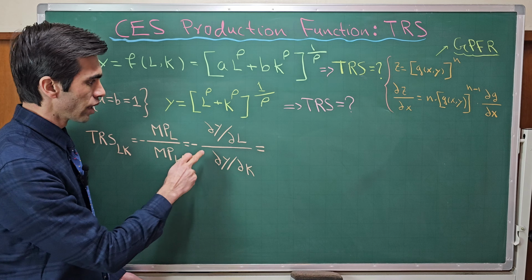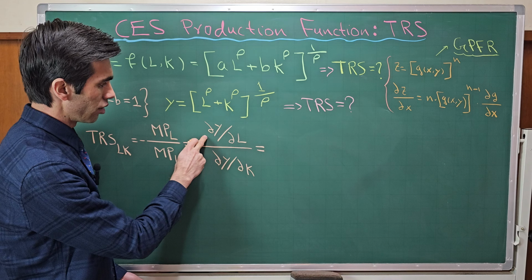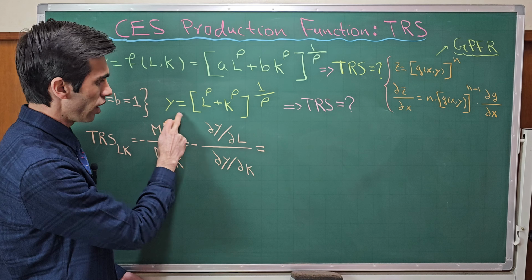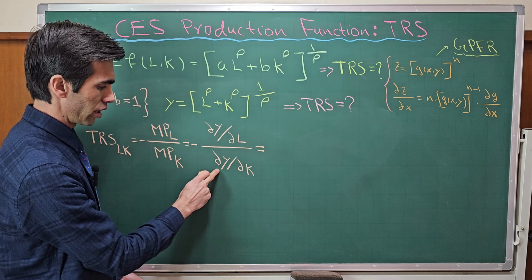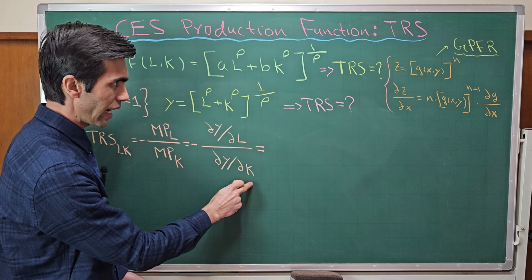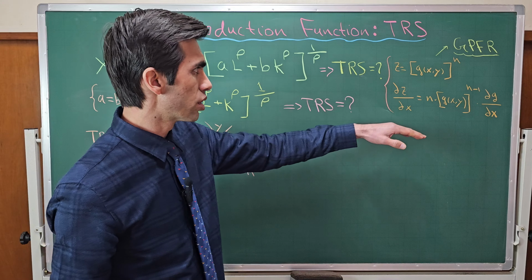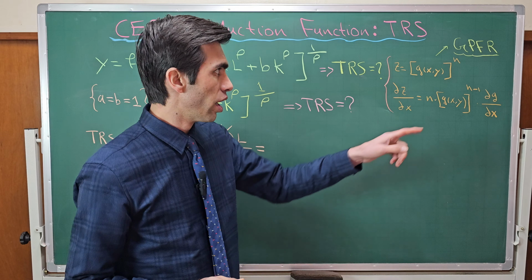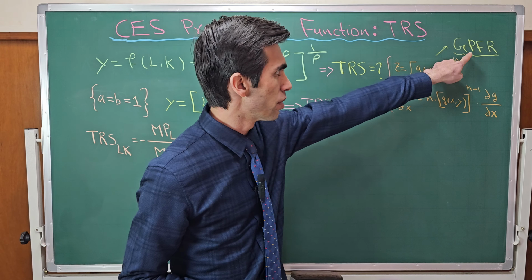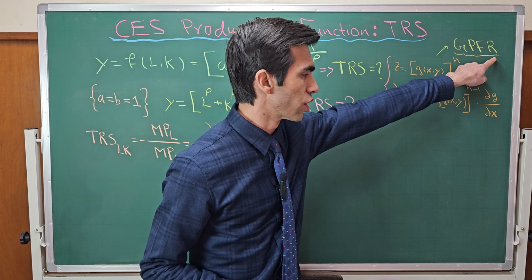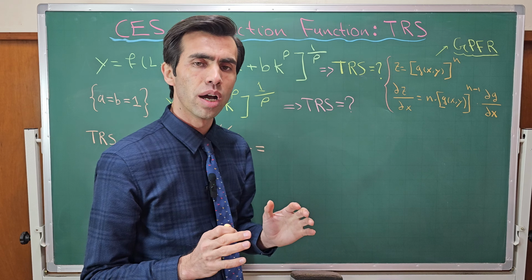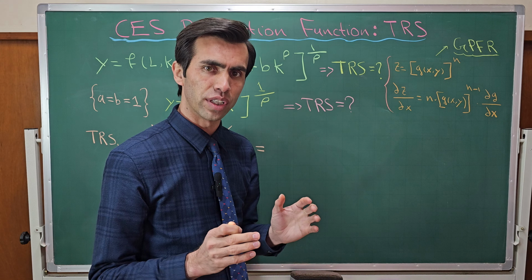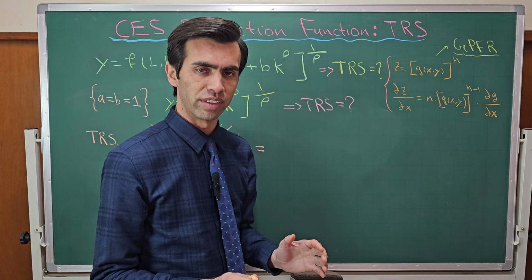So now, in order to find the partial derivative of y with respect to L and with respect to K, we need to use the generalized power function rule, which is one of the rules for partial derivatives.